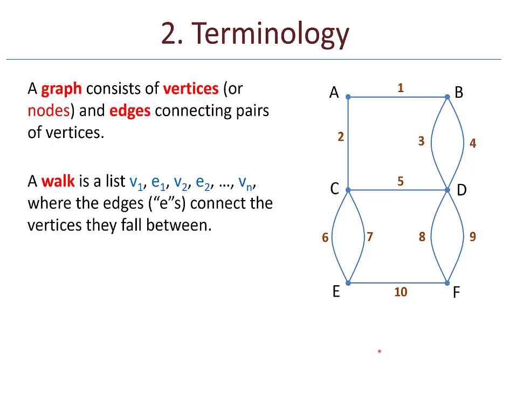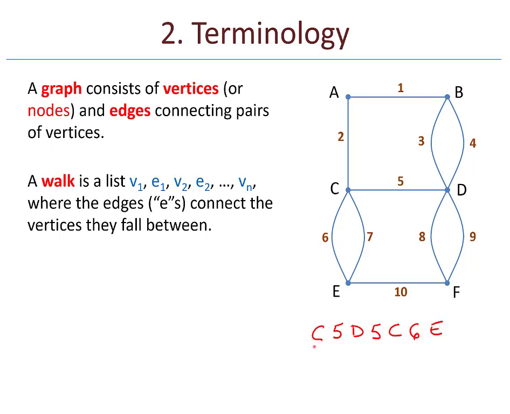And there is a certain movement that takes place around a graph that we like to consider. So for example, a walk. A walk is a list, vertex, edge, dot, dot, dot, and ending on a vertex, where the edges connect the vertices they fall between. Here's an example. I might write a list C, 5, D, 5, C, 6, E. And there we go.